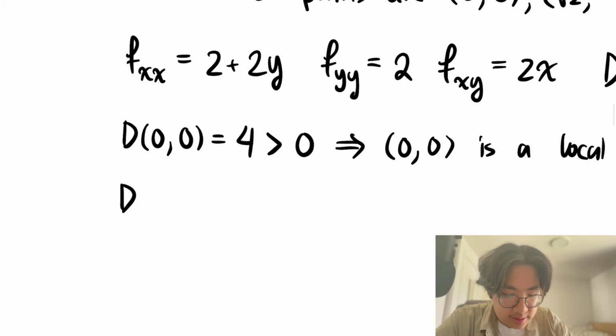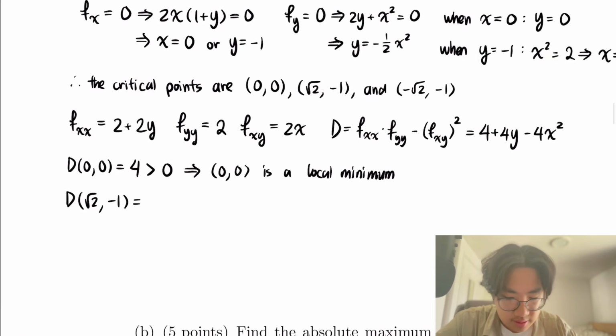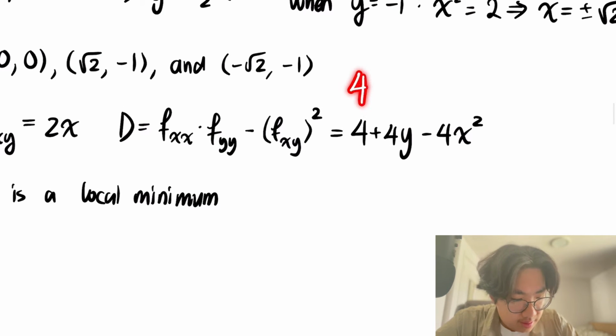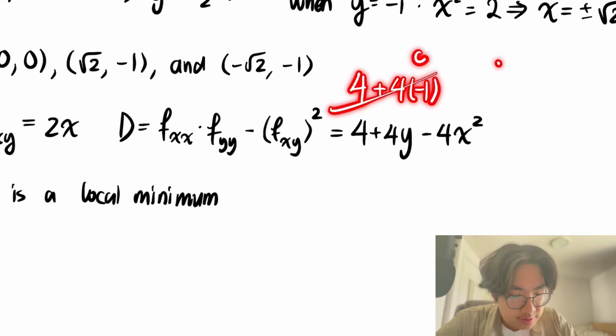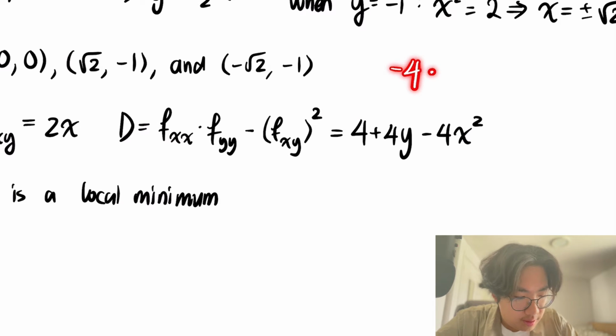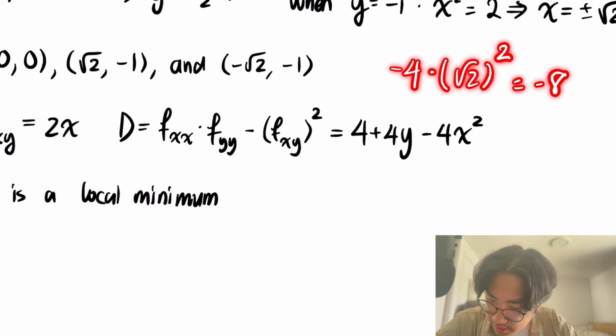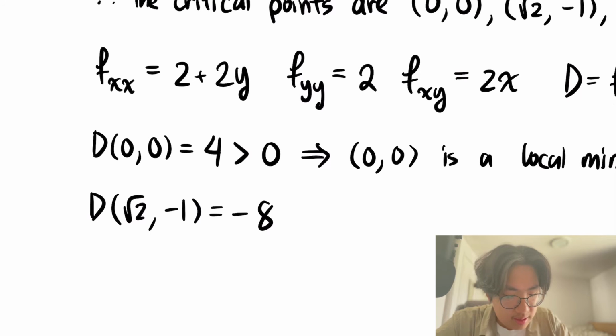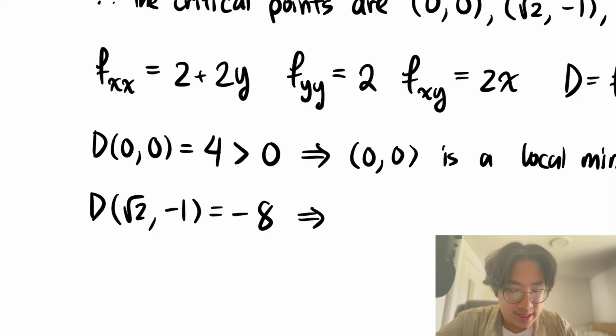And then D of root 2, negative 1. Plugging in over here, 4 plus 4 times negative 1, so this just goes to 0. And then you have negative 4 times root 2 squared, which is negative 8, I believe. Yes, negative 8. And by the second derivative test, we know that this is a saddle point.